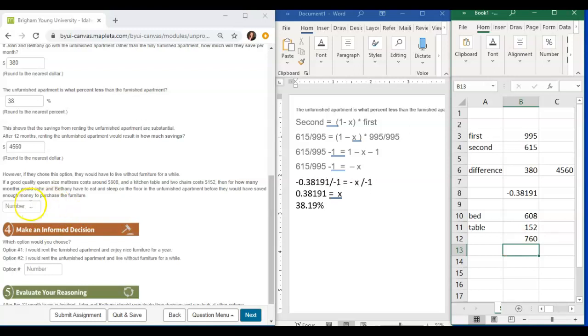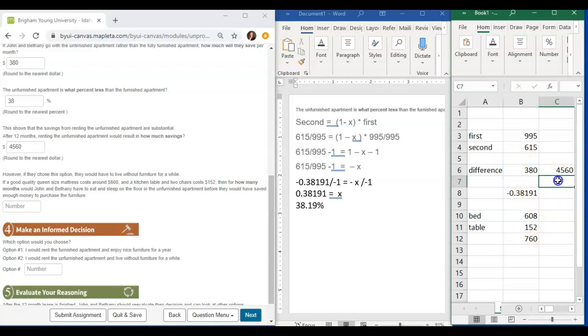And it wants to know how many months would John and Bethany have to eat and sleep on the floor before they would have enough money. So $760, and every month was $380. So it's going to be more than 1 month. So let's find out how many 2 months make us here.